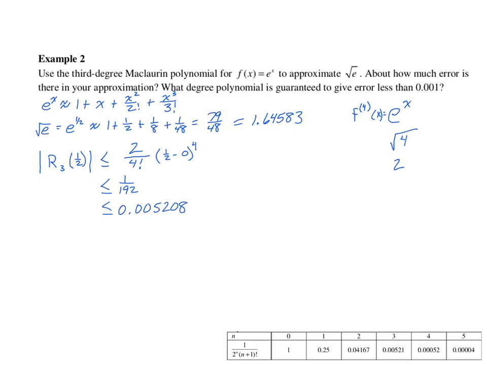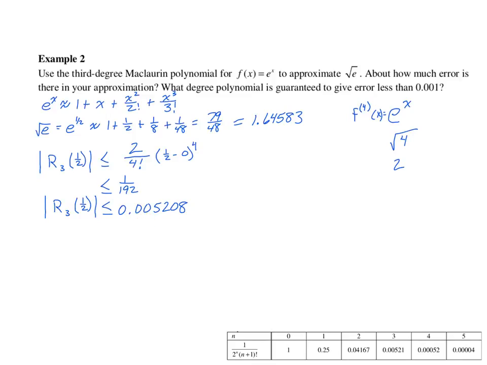To me, that's a pretty good approximation. The second part then says what degree polynomial is guaranteed to give us an error that is less than 0.001. Well, this error is not less than 0.001. It's pretty good, but it's not less than that.